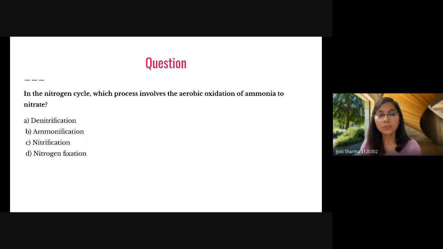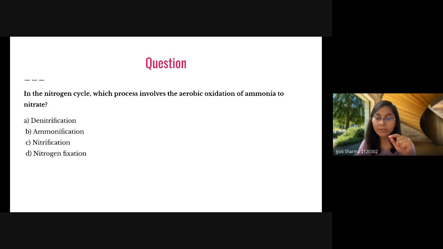Okay, so the next question is regarding the nitrogen cycle again. And the question is, in the nitrogen cycle, which process involves the aerobic oxidation of ammonia to nitrate? We have learned, right, in a nitrogen cycle, initially we have nitrogen in the atmosphere in the form of N2.